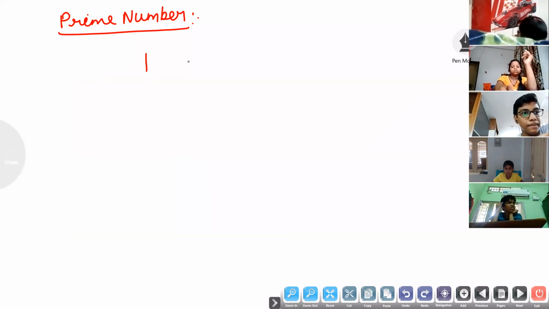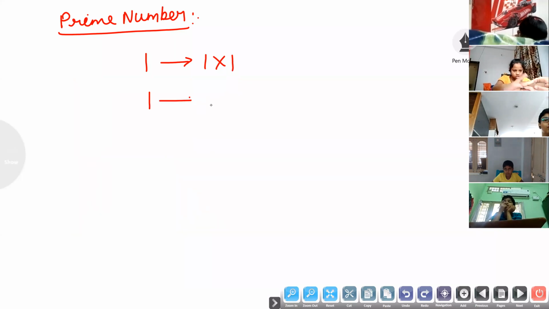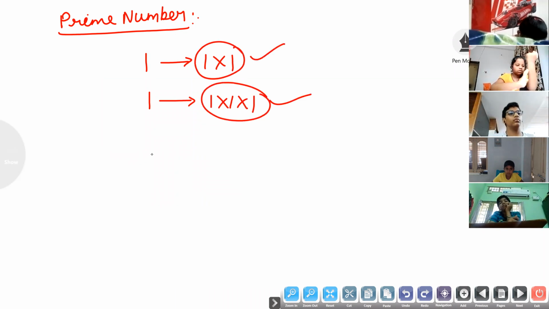I have written 1 into 1. I can write 1 is equal to 1 into 1. Again I can write 1 is equal to 1 into 1 into 1. Here exactly two factors are there. More than two factors are there. I can write 1 is equal to 1 into 1 into 1 into 1.